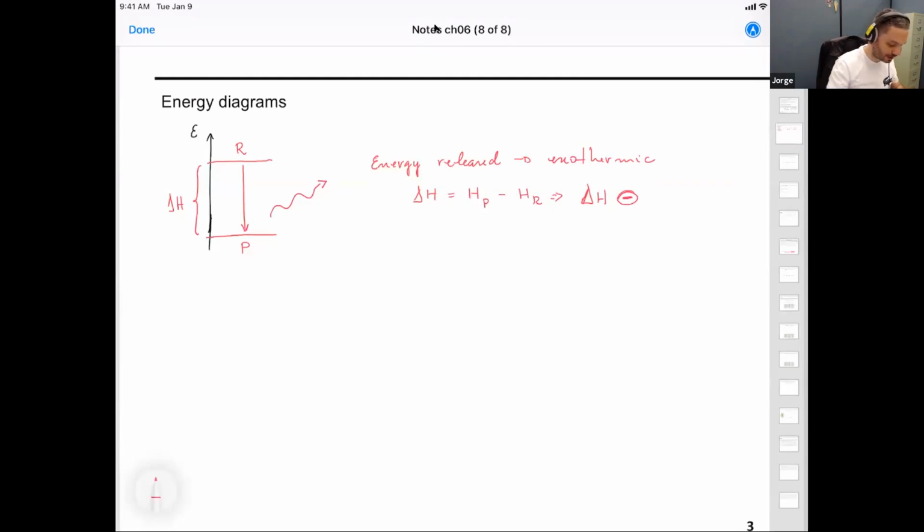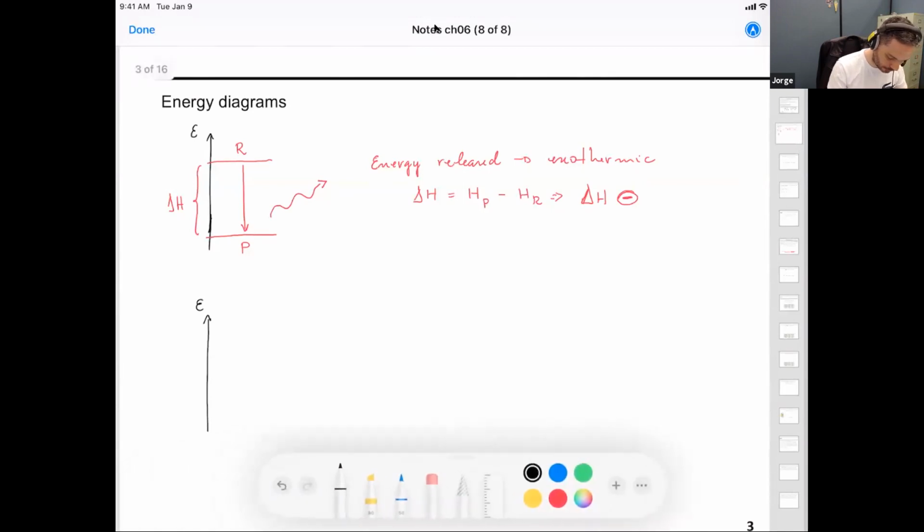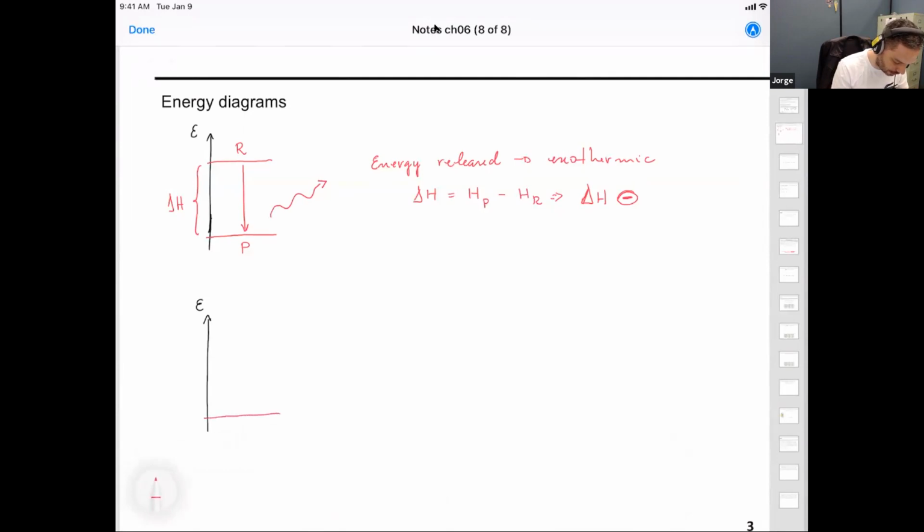Let's do here the same thing. So let's draw the energy diagram for this reaction. So in this second case, we have here again energy. Now the energy of the reagents is right here at the bottom.